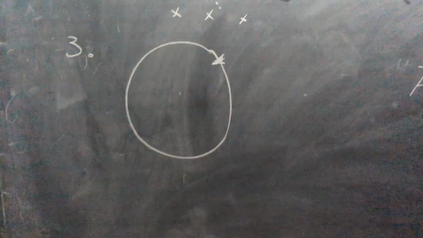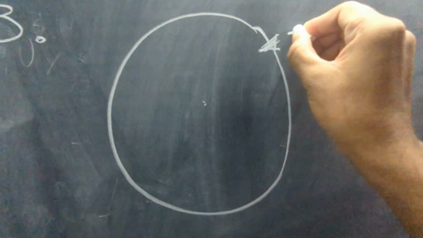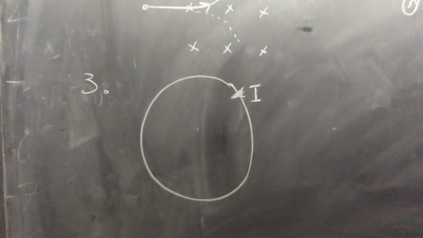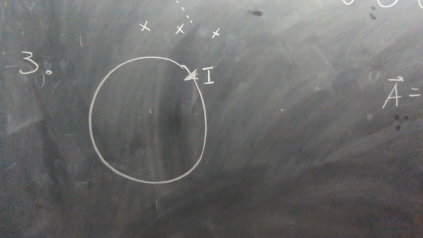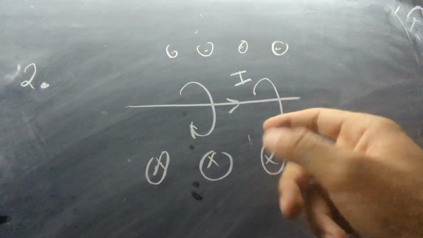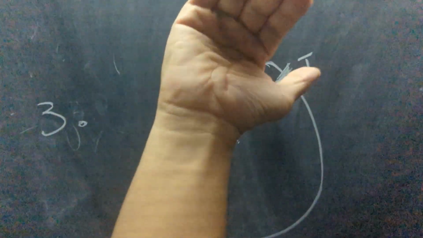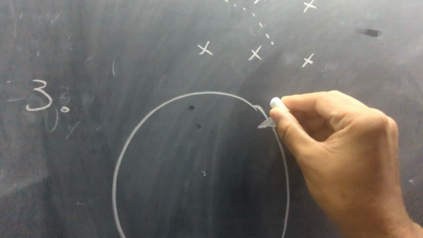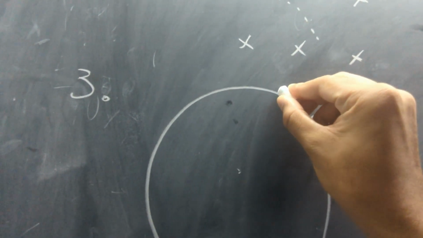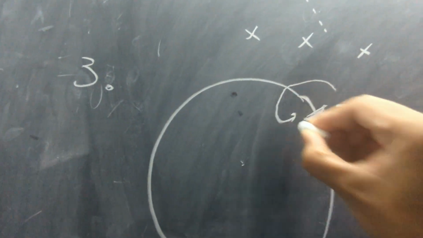Now in this situation, you have current here like that, right? You do the exact same thing: you point your thumb to the direction of the current and curl your fingers. If you imagine it, there are magnetic field lines going like this.